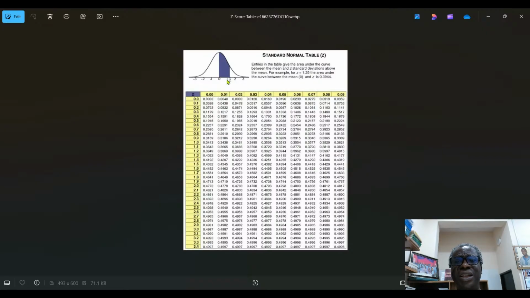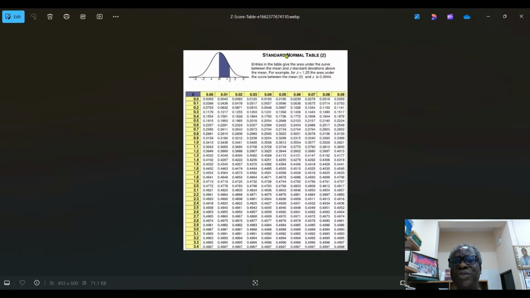So here you have 1, 2, 3. This is one standard deviation away from the mean, 0, then 2 standard deviations.